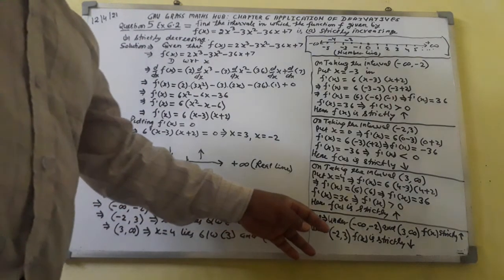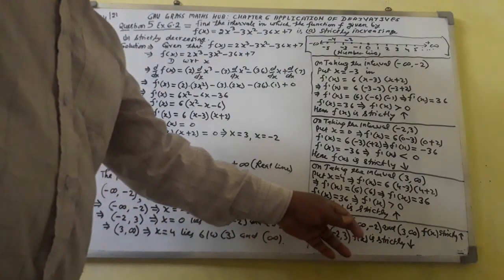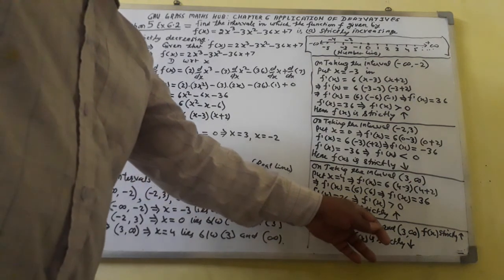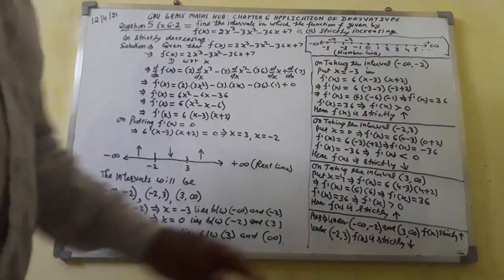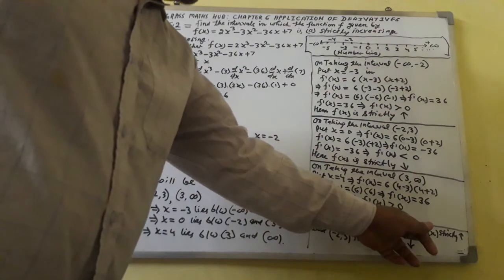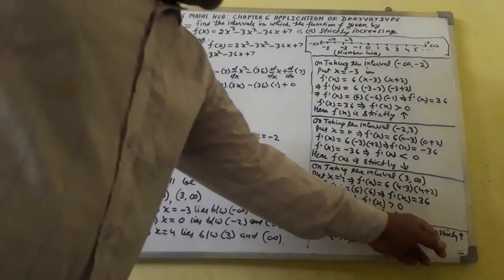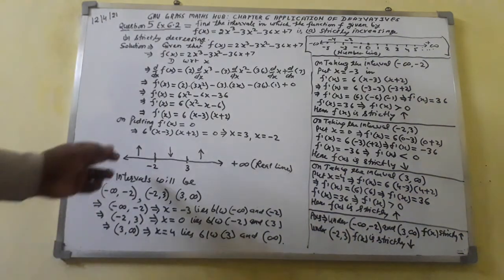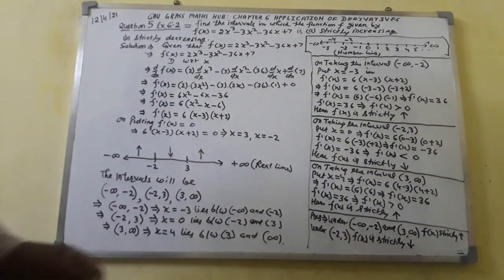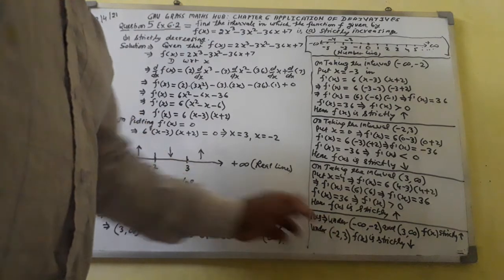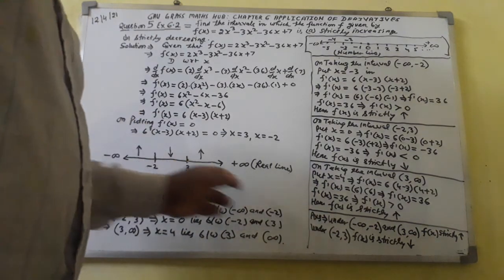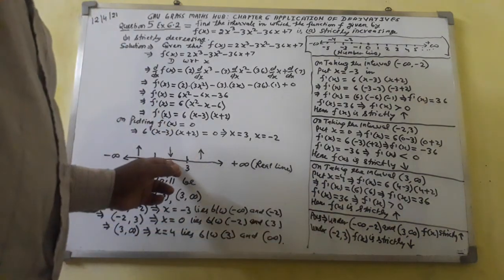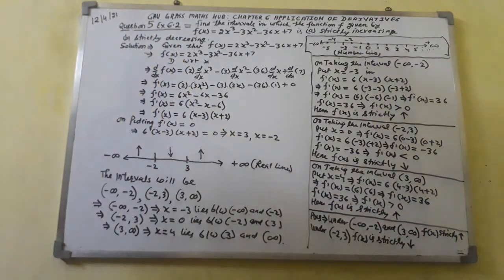Under open interval minus infinity comma minus 2 and open interval 3 comma infinity, f of x is strictly increasing. And in open interval minus 2 and 3, f of x is strictly decreasing.